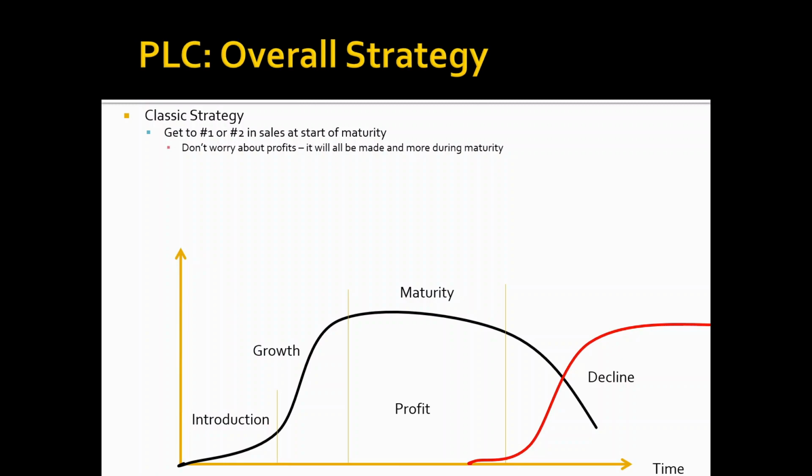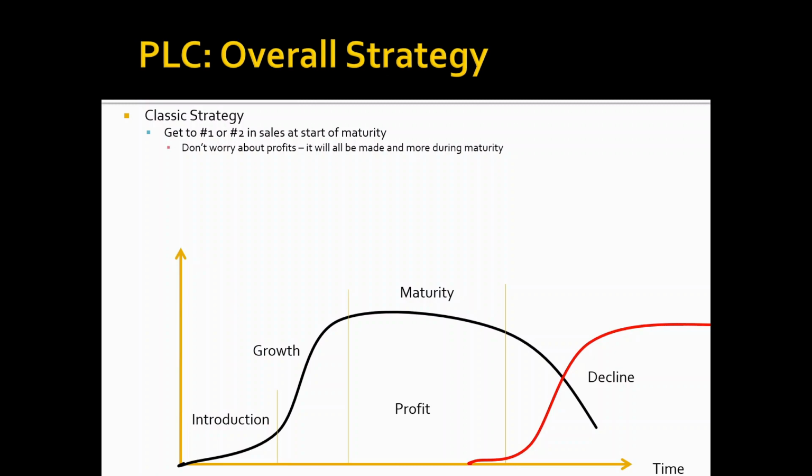We want sales. And when we get to maturity and have this long period of maturity where we have a cash cow, where by producing a lot and selling a lot, we've lowered our expenses, we'll make up all the lost profit.